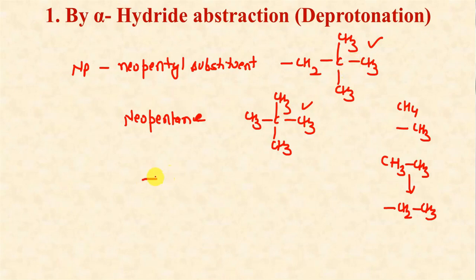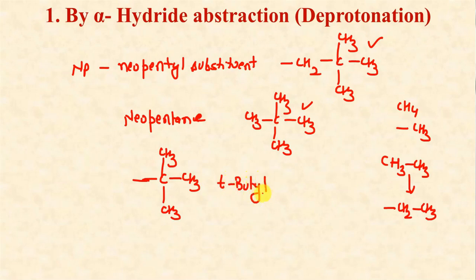One of the substituents is this one, C(CH3)3. This is called the tertiary butyl substituent and is generally written as tBu. In neopentyl, this carbon along with three methyl substituents is basically a tertiary butyl group.